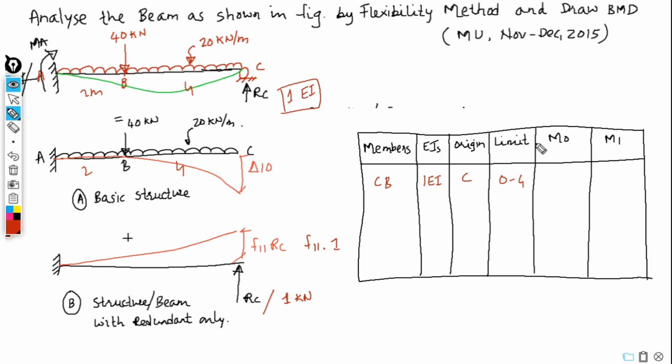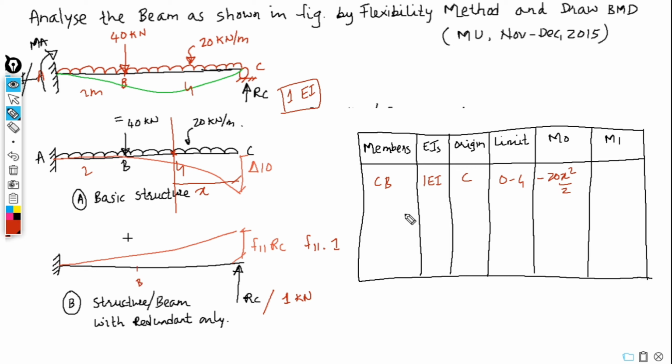M0 is the bending moment developed in BC in the basic structure due to the given load. So since C is the origin, X distance will be from C, and you are required to find the moment at this particular section. 20 into X by 2, creating clockwise moment, negative. So minus 20 X square by 2.